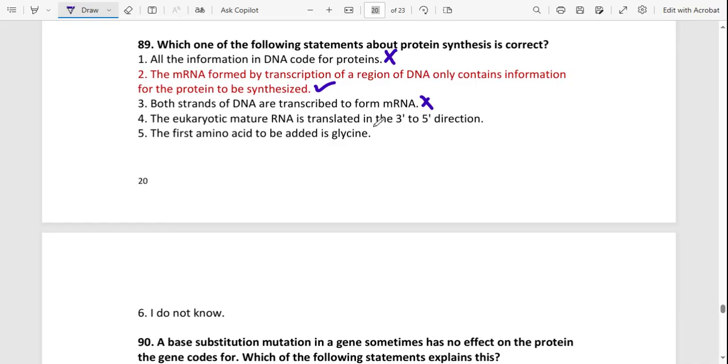Eukaryotic mature RNA is translated in the 3' to 5' direction? No. Translation is forming proteins, and you read the strand in the 5' to 3' direction. The first amino acid to be added is glycine? No, it's methionine. So the mRNA formed by transcription of a region of DNA only contains information for the protein to be synthesized. Let's say, for example, I want to make collagen. It's only for that protein.